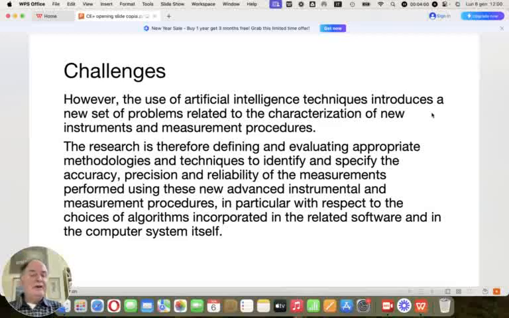The research is therefore defining and evaluating appropriate methodologies and techniques to identify and specify the accuracy, precision, and reliability of the measurements performed using these new advanced instrumental and measurement procedures. In particular, with respect to the choices of algorithms incorporated in the related software and in the computer system itself.